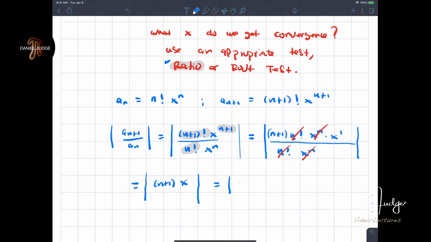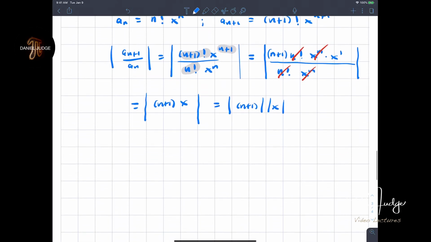Using the product rule for absolute value, you're going to end up with, let's remember, we're dealing with natural numbers, so this portion is positive, n plus 1 times the absolute value of x. Now, here's what you always do at this point.